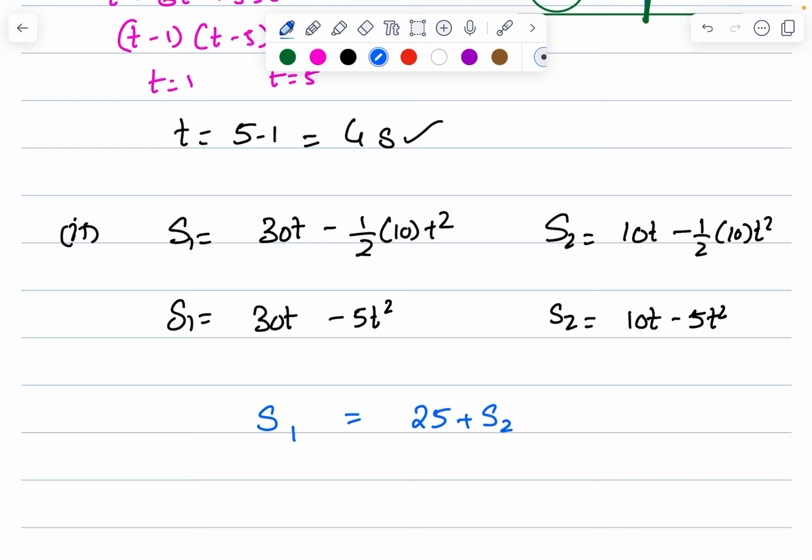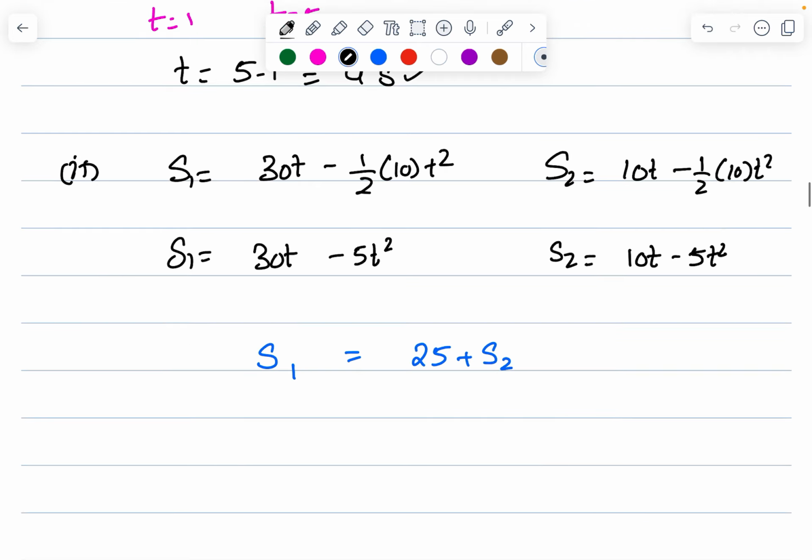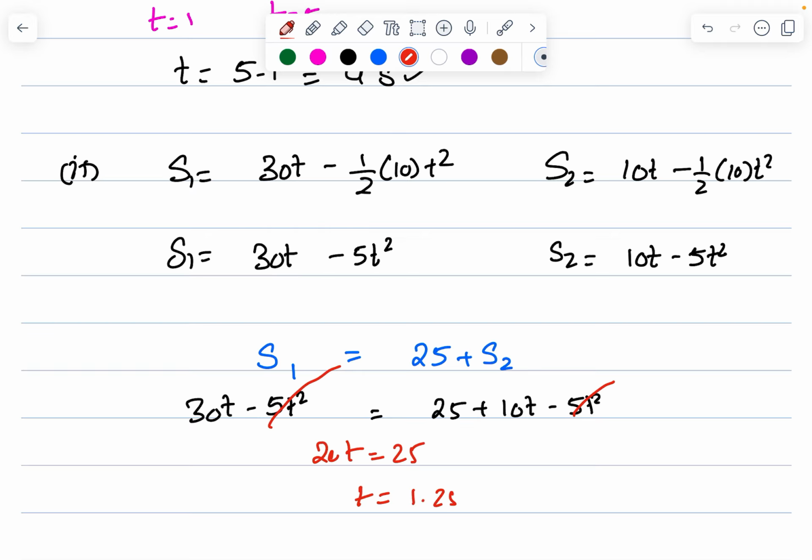So therefore S1 equals 25 plus S2. So 30t minus 5t square equals 25 plus 10t minus 5t square. We can see that 5t square cancels, which gives me 20t equals 25, t equals 1.25 seconds.